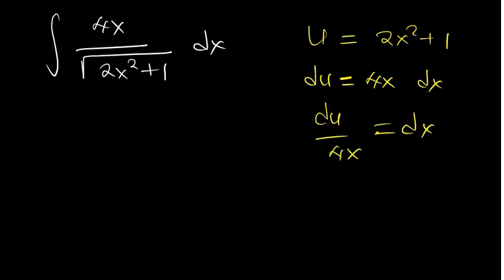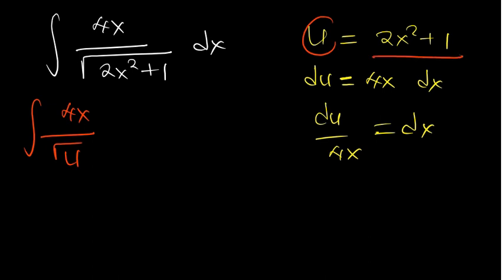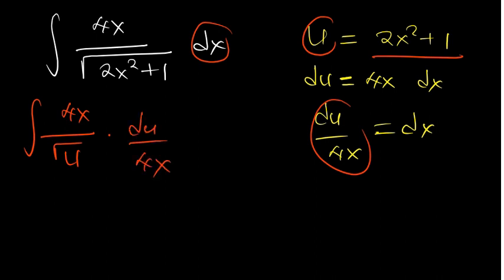If we proceed on the left, 4x is our numerator, our denominator will now have root of u, since we've said let our u be equal to 2x squared plus 1. And then for our dx, it's equal to this part, so du over 4x. So the 4x will go.